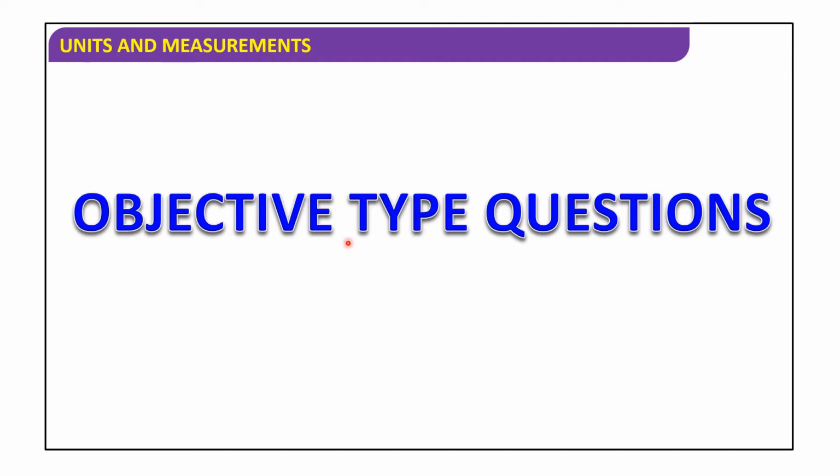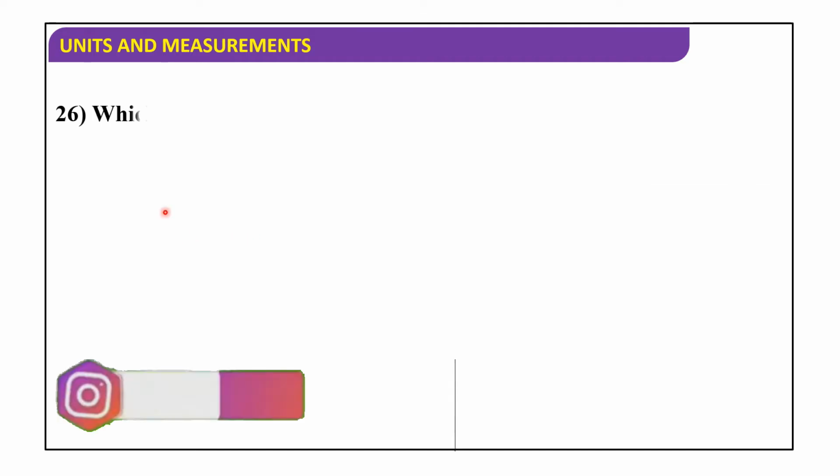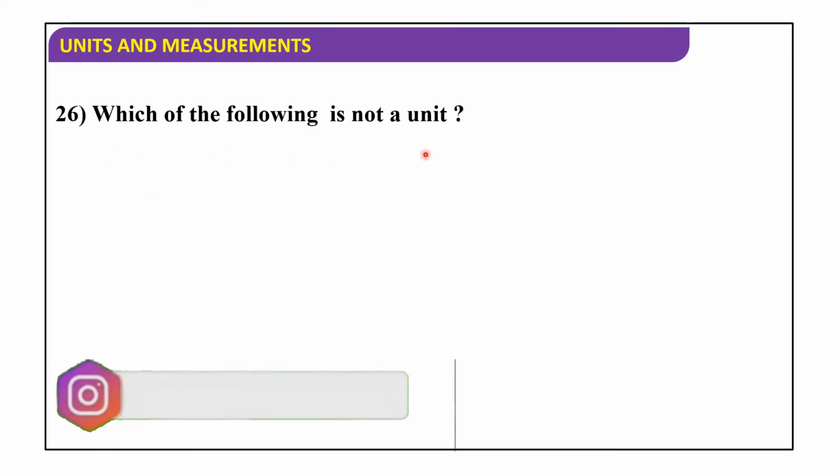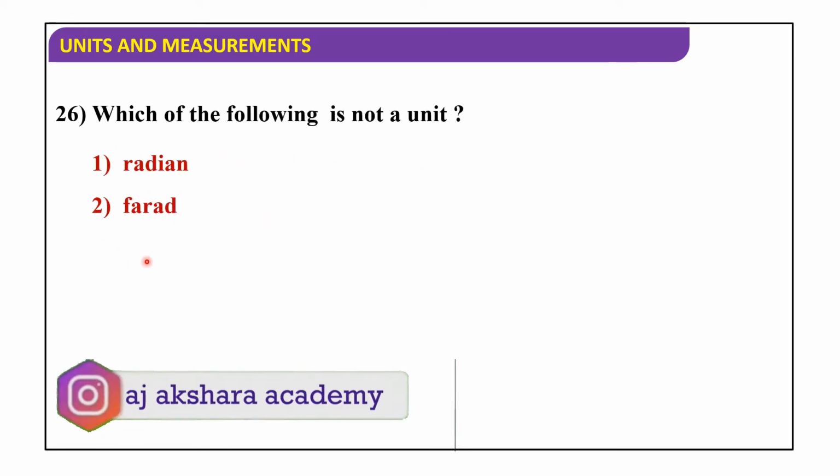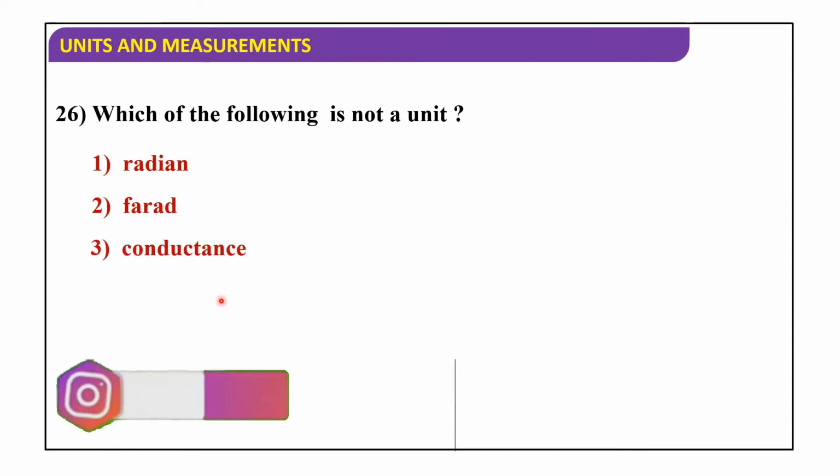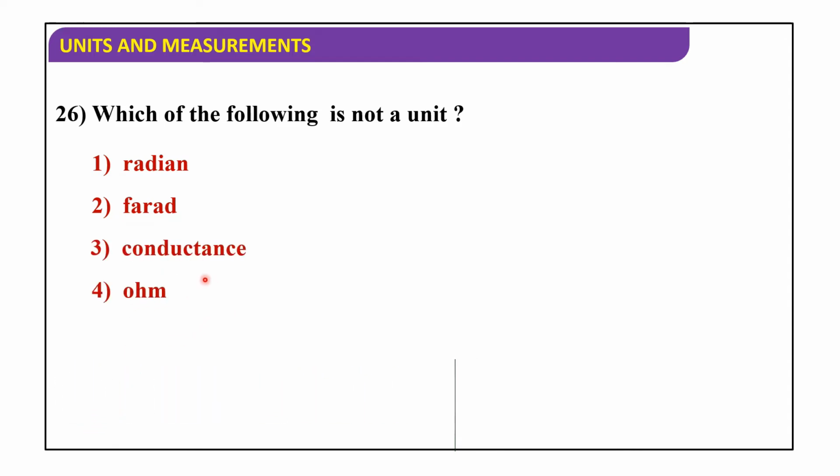Okay, let us go to today's session. First one. Which of the following is not a unit? Radian, farad, conductance, ohm. In these four options, which is not a unit?